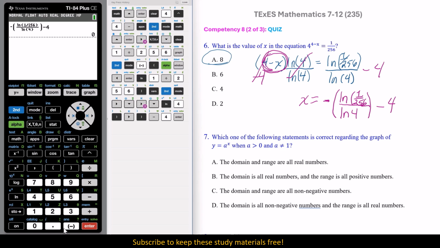Oh, I see what I did. You may have seen it too. If I'm going to say negative, I have to say negative of everything. So what I did up here, we can bring this down and enter again. The negative, in the way I put it in, would become a positive 4. Now let's push enter. Now it's correct.